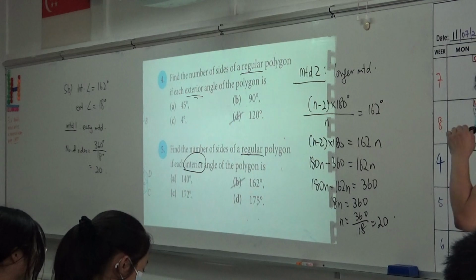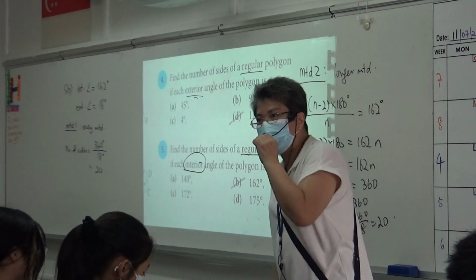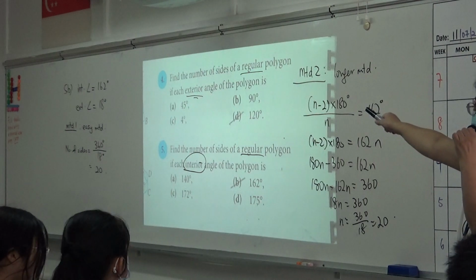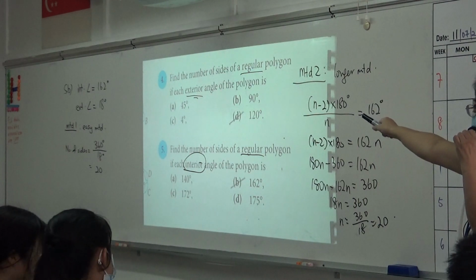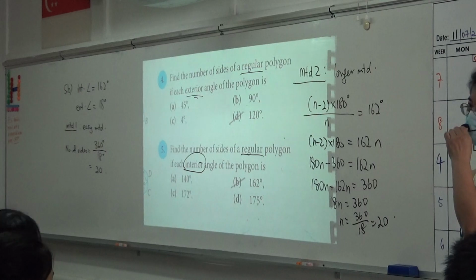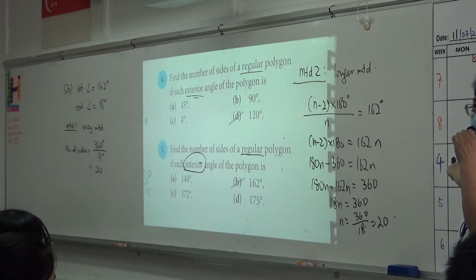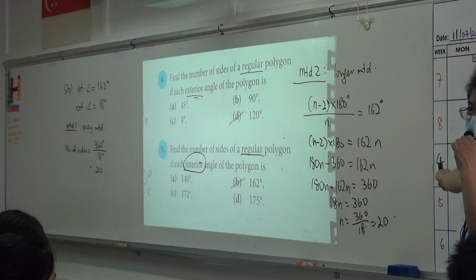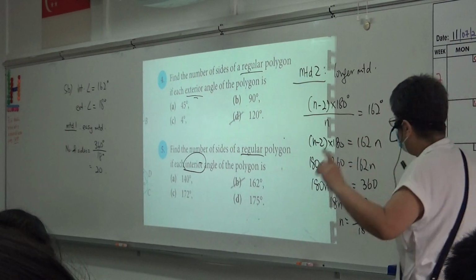But my advice to you is, always use the exterior angle because it is faster. Can you see the exterior angle only needs a few lines? This one is not wrong, but if your algebra is not very good, you might make mistakes. I tell you where you make mistakes.